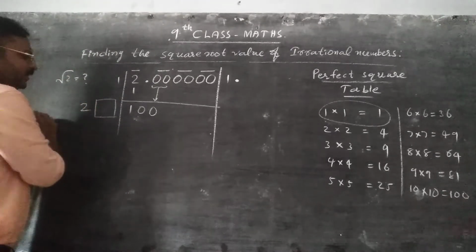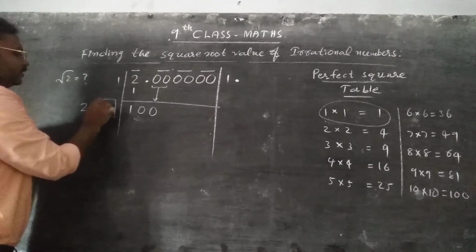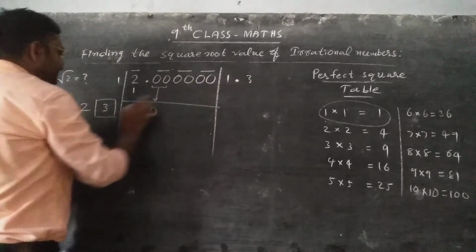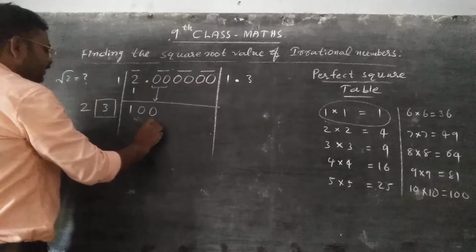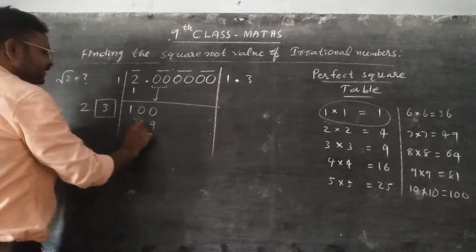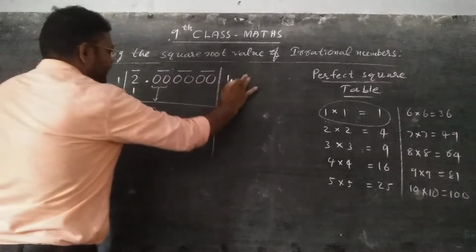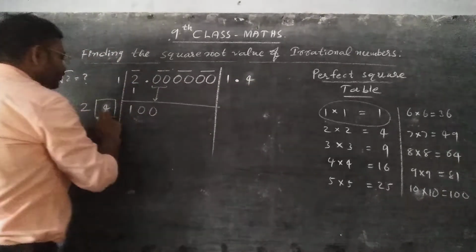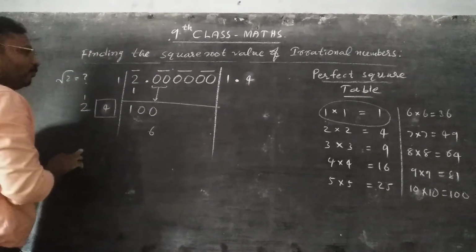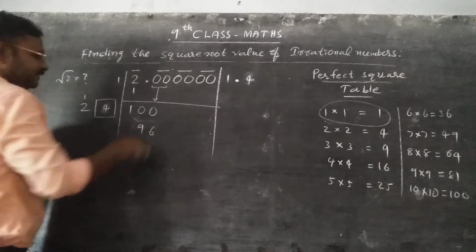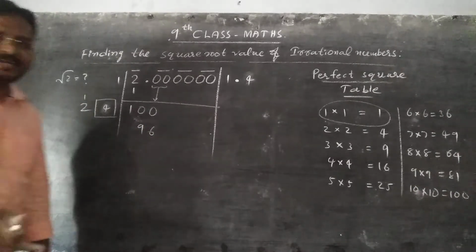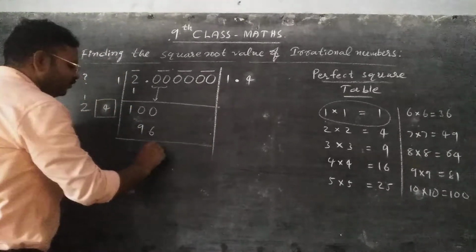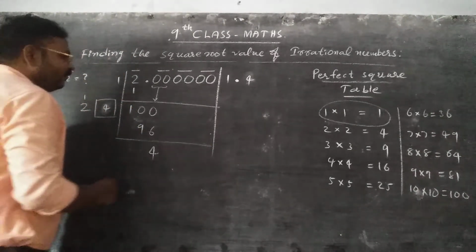For example, if we write 3 here, you have to write 3 here also. 3 threes are 9, 3 twos are 6. It does not satisfy. You can take 4 also. 4 fours are 16, 4 twos are 8 plus 1 is 9. Yes, it is satisfied. 96 will satisfy. Now subtraction gives 4.